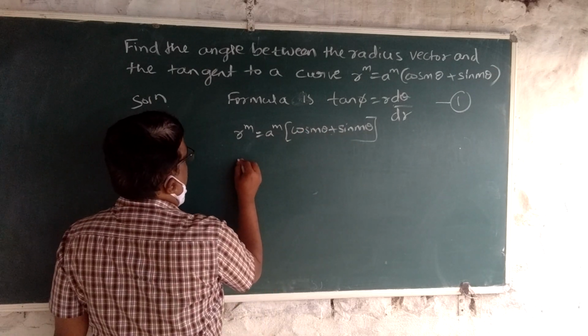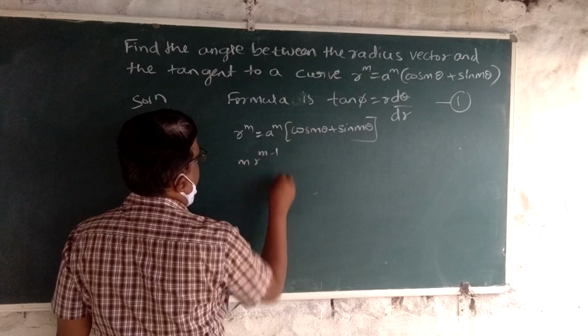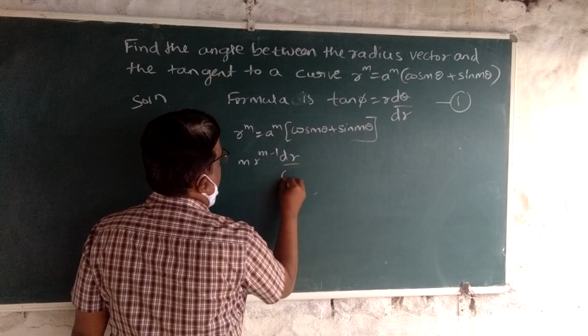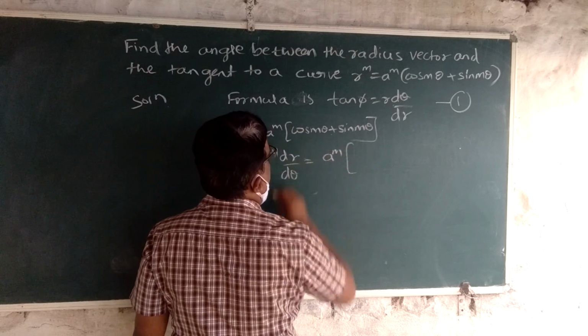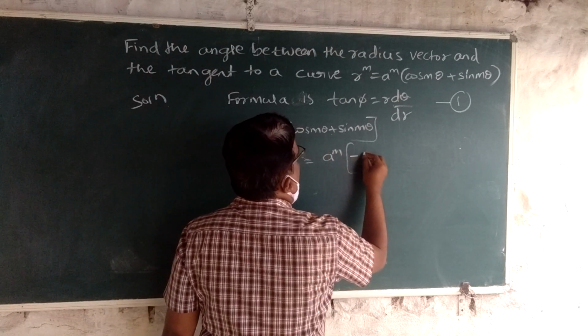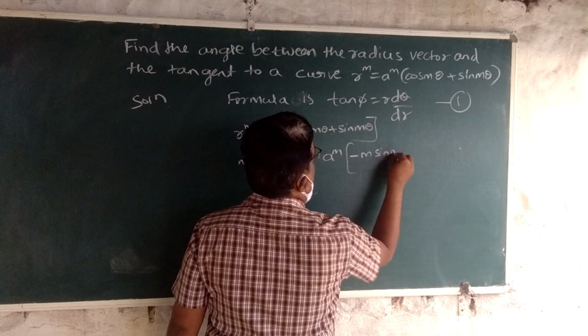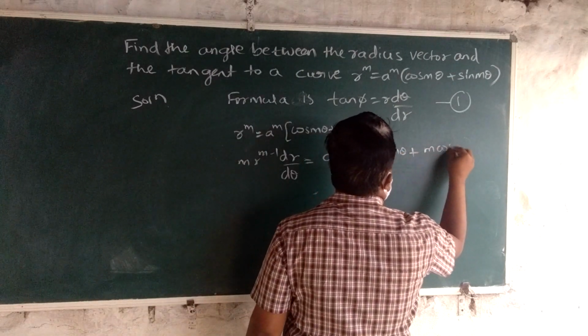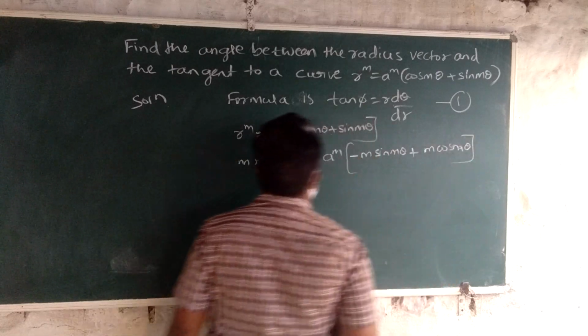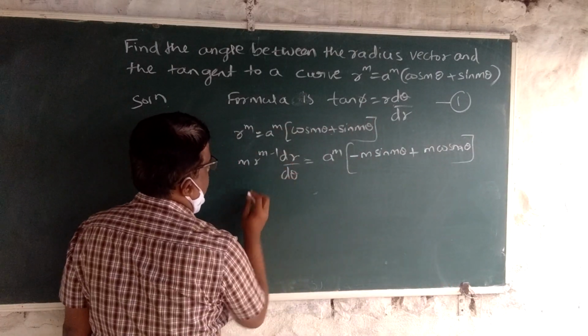So what we get: m r^(m-1) dr by d theta is equal to a^m, the differentiation of cos m theta is minus m sin m theta, plus the differentiation of sin m theta is m cos m theta. Now we want dr by d theta.